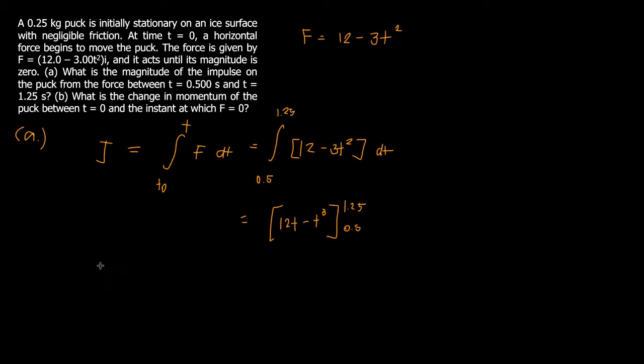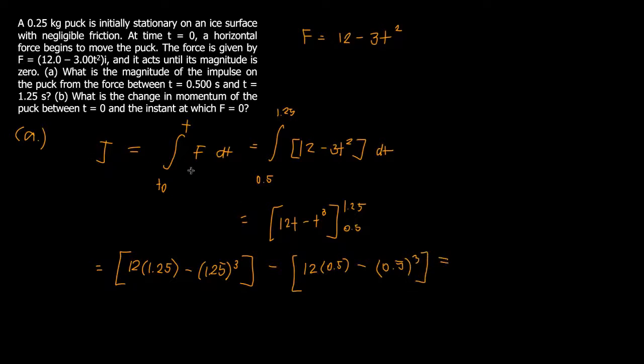So evaluate this, that's gonna be the quantity 12 times 1.25 minus 1.25 cubed, subtracted by the quantity 12 times 0.5 minus 0.5 raised to 3, which is equal to our impulse, which is 7.17 Newton seconds. So that's our answer for letter A.